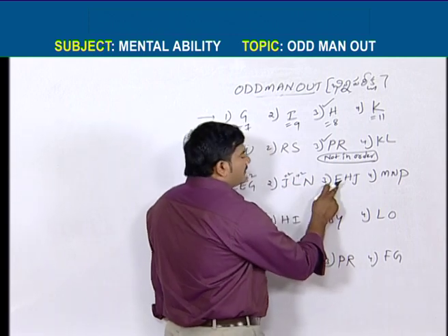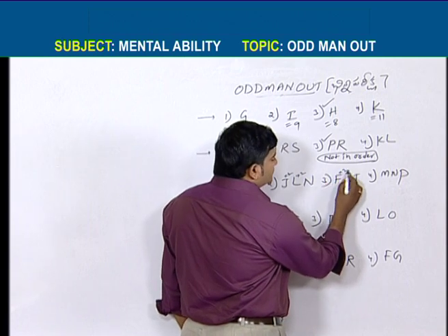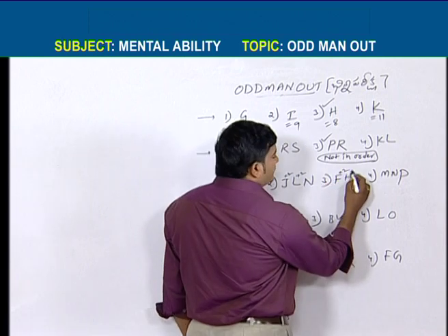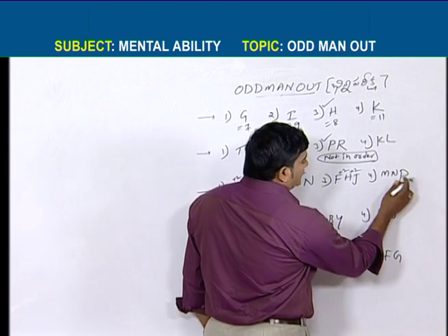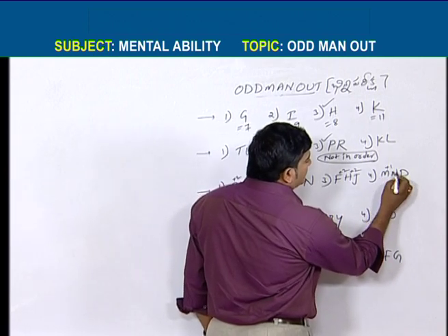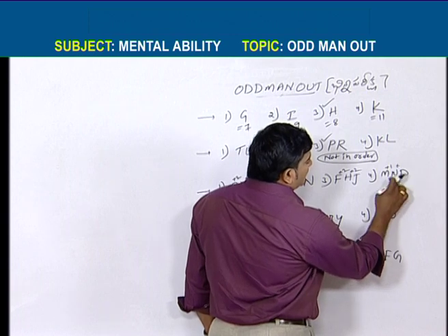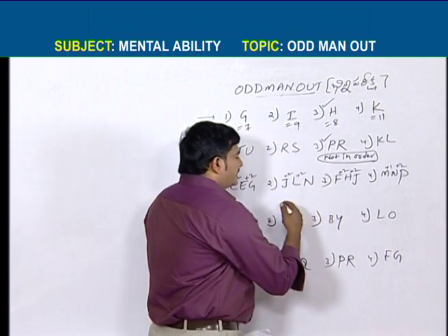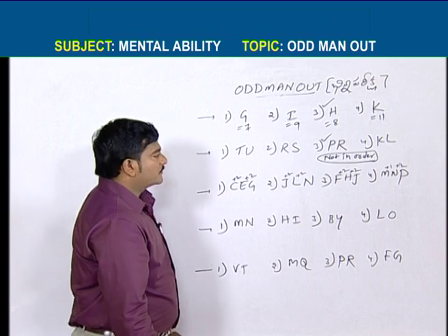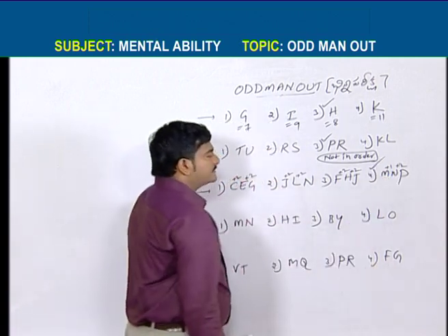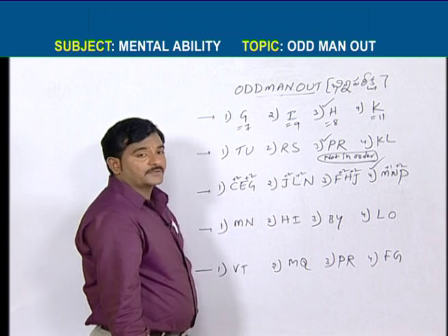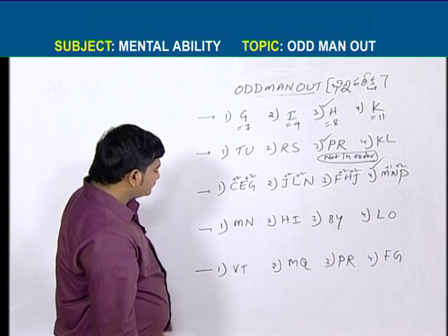F means 6, 6 plus 2 means 8, 8 plus 2 means 10. But what about M, N, P? 13, he added plus 1, and then plus 2. In the remaining cases it is plus 2 every time, but here plus 1, plus 2. That's why the answer for this question is the fourth option.